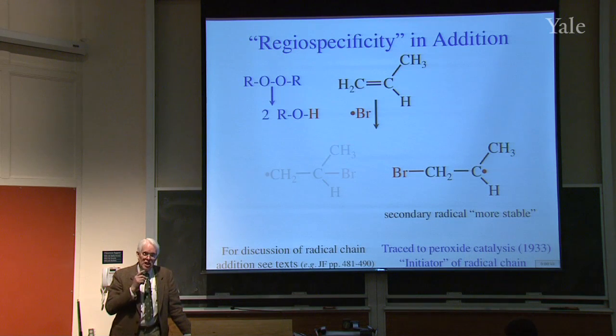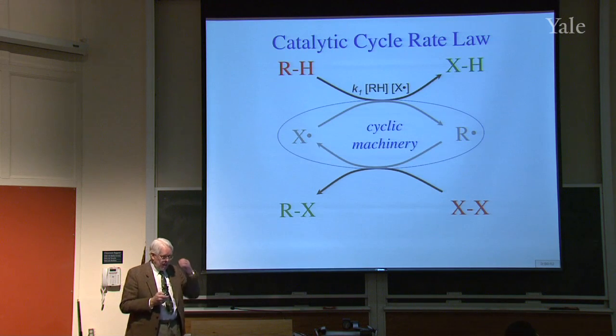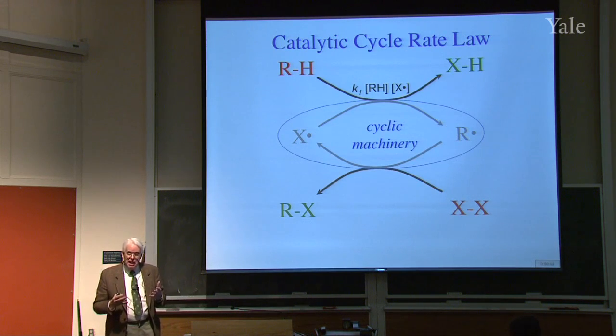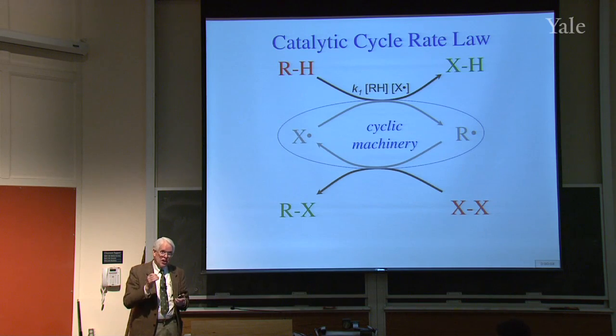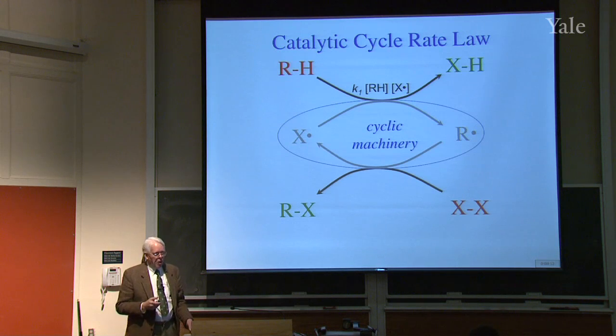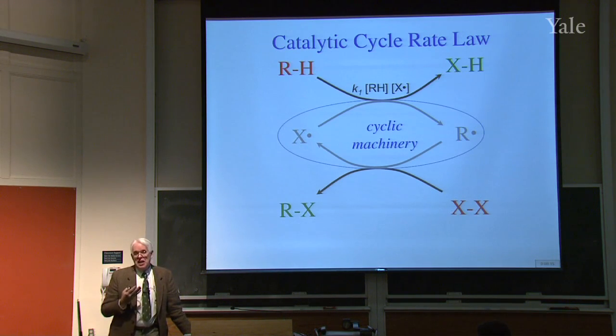Okay? So when you're getting radicals, you get that one rather than the primary radical, right? So now, that explains then the regiospecificity of the special addition of HBr, but only if you can get free radicals. Now, why can't you just do it by waiting longer?